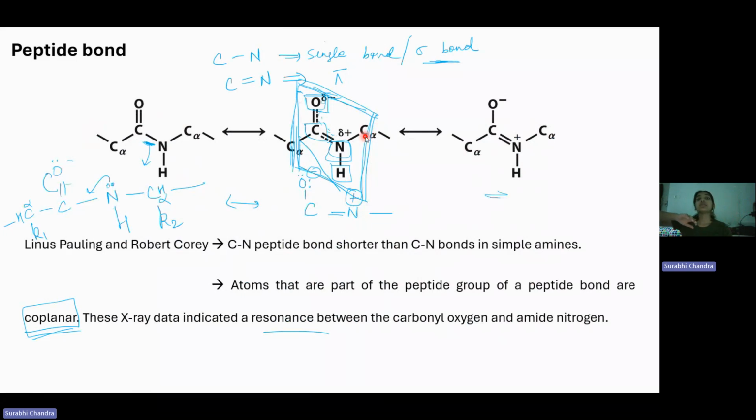But because across this partial double bond character, there's a restricted movement of moiety. So the atoms which are actually participating in the peptide bond formation should ideally be coplanar or lying in the same plane, which is what has been observed also.